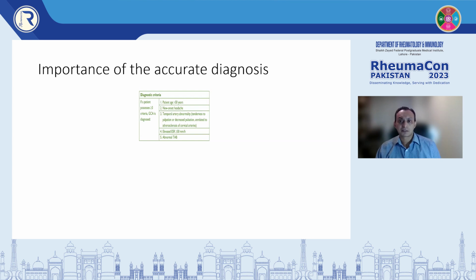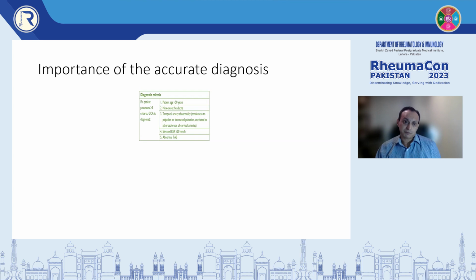These are research classification criteria, and they were then adapted in the clinical practice. The criteria are very vague. So anyone who is above 50 and has a new onset headache and has raised inflammatory markers can be classified as GCA. You don't need anything additional, as you need 3 or more criteria to diagnose giant cell arthritis.